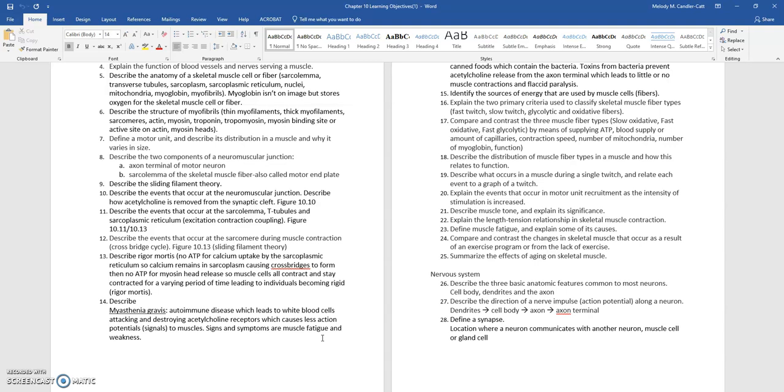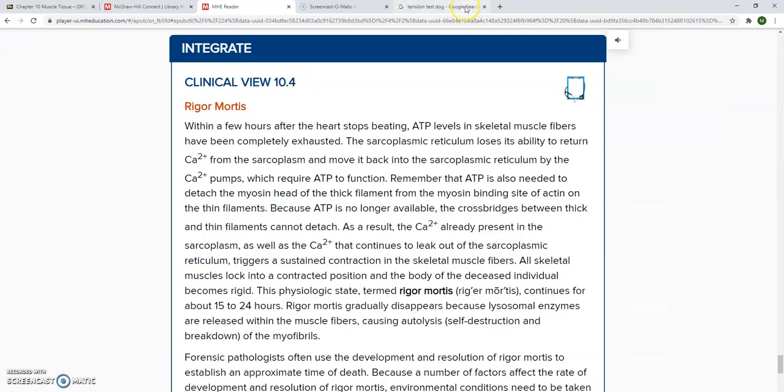Myasthenia gravis works that way too. It's where the person's immune system starts attacking a normal part of the body and destroying it so that it can't function properly. You'll see signs and symptoms of muscle fatigue and weakness.